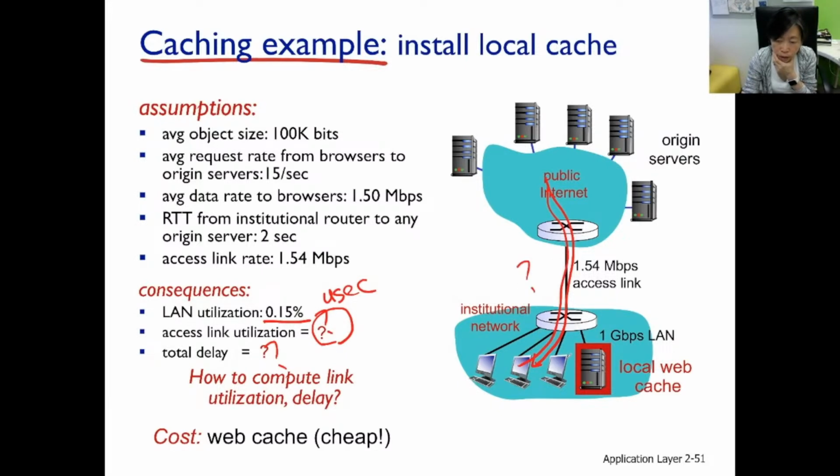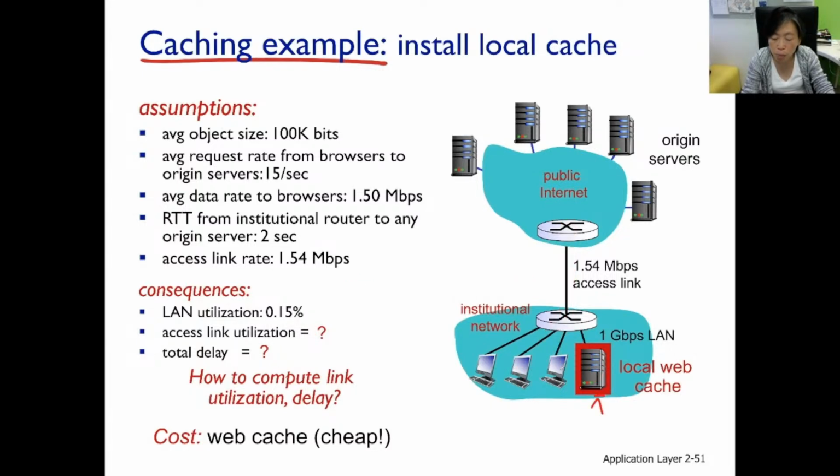And if you think about it a little bit more, isn't that dependent on, for all these web requests we send to the proxy server, how many of them are going to be satisfied locally? Therefore, we could just transmit the object from the web cache through the LAN to the clients without going all the way up to the servers. So that is this thing called the hit rate.